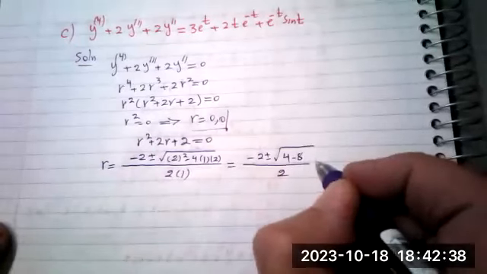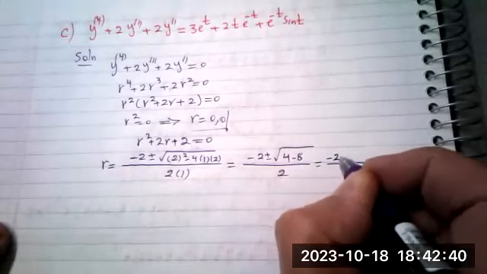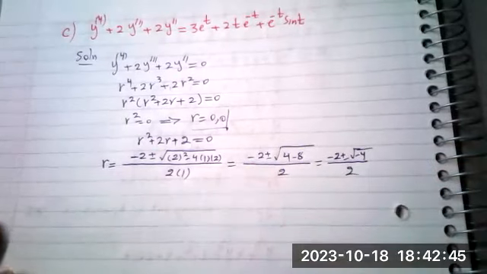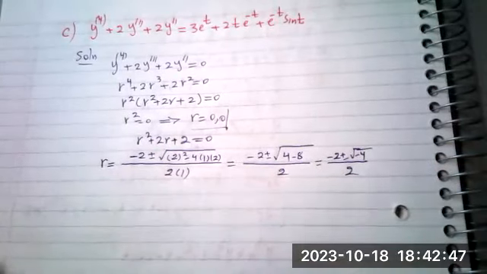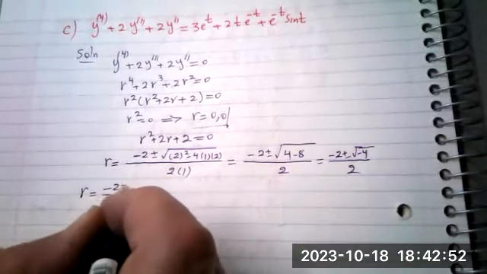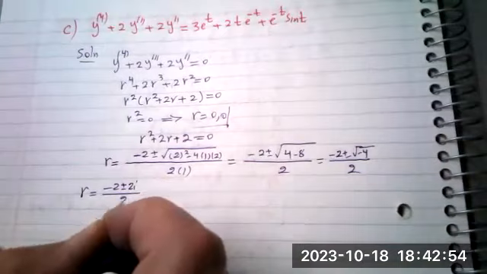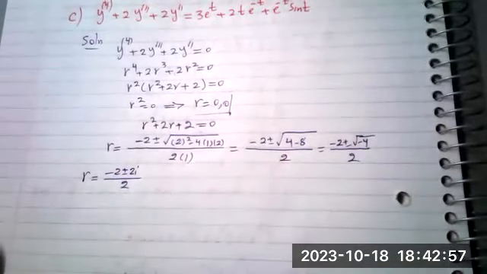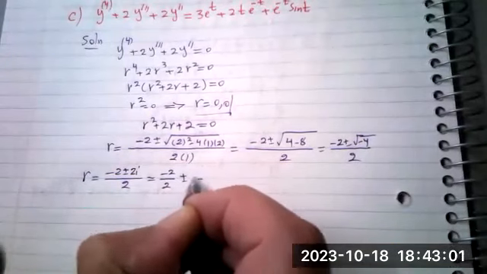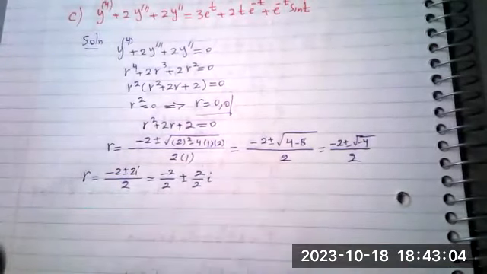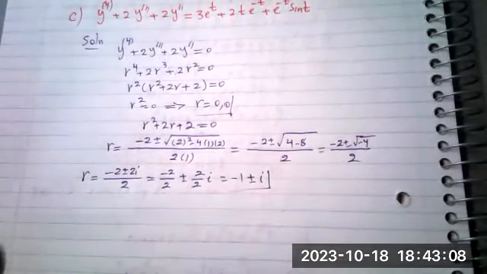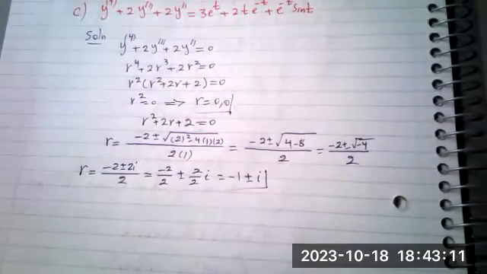So -2 plus or minus the square root of -4 over 2. The square root of -4 would be 4i squared, that gives me 2i. So r is equal to -2 plus or minus 2i divided by 2. You break it to get the complex format, -2 over 2 plus or minus 2 over 2 i. You simplify the 2, so -1 plus or minus i are going to be the complex solutions.